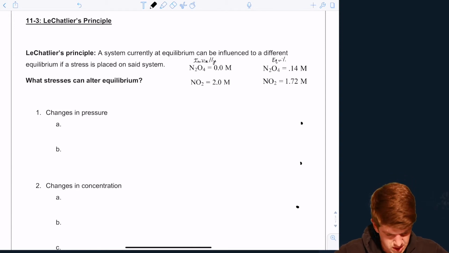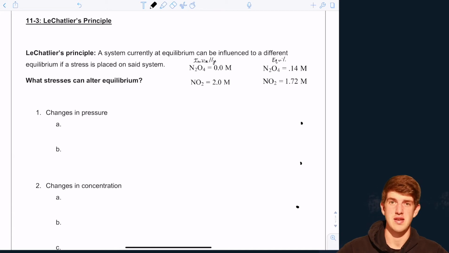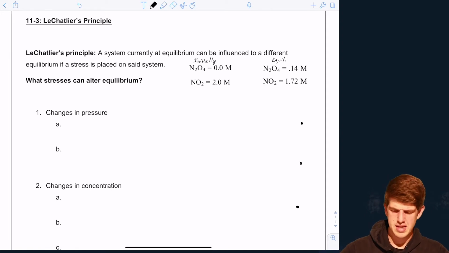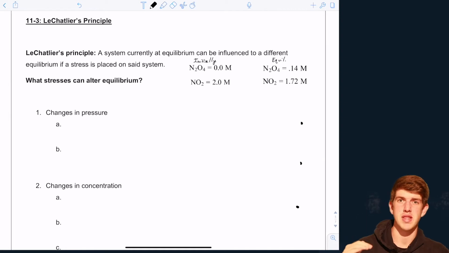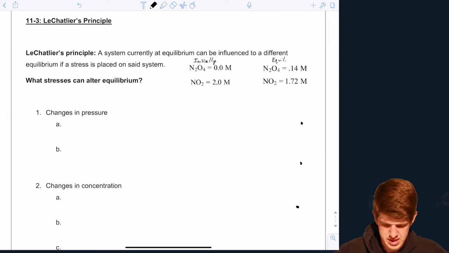So Le Chatelier's principle: a system currently at equilibrium can be influenced to a different equilibrium if a stress is placed on said system. Because these equilibriums are so finicky, they are sitting at a low stress point. And if I put some kind of stress on it, that system is going to try to figure out a way to limit the stress on the overall system.